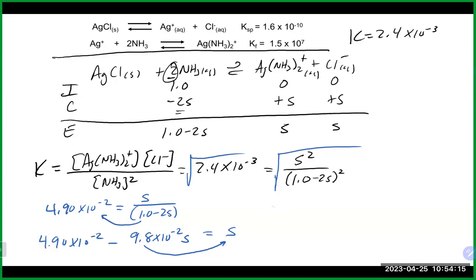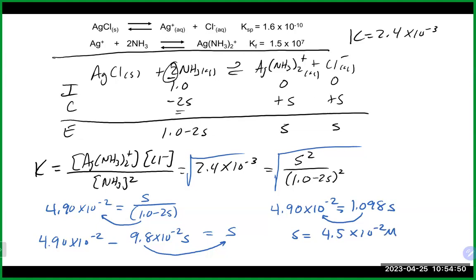And that is going to give us 4.90 times 10 to the minus 2 is equal to 1.098 s. Lastly, we're going to divide this to the other side, and that will get us an s of, we'll call it 5 times 10 to the minus 2 molar as our molar solubility here.